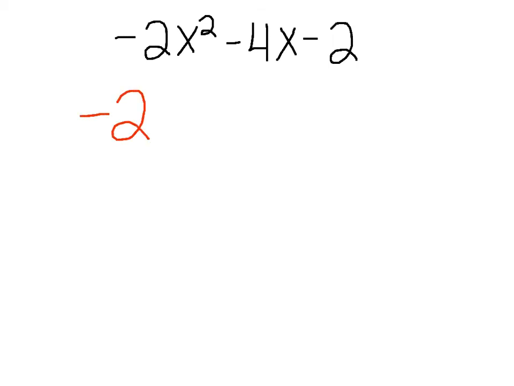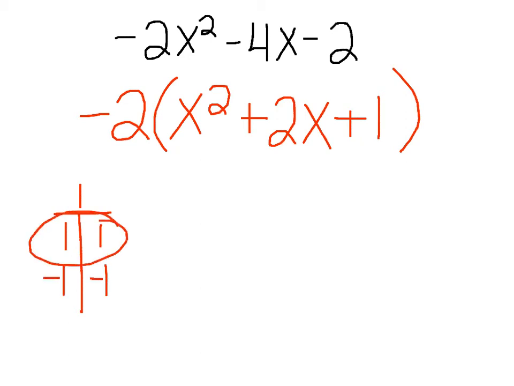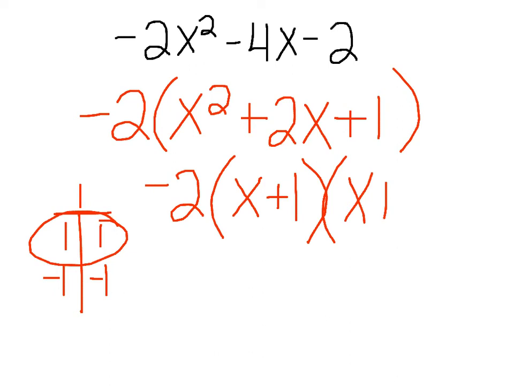So negative 2, and I'm left with x squared plus 2x, because negative 2 times positive 2 is negative 4, plus 1. Now I'm going to look for what factors of 1 add to 2. Well, I have 1 and 1, or negative 1 and negative 1. Hopefully you said 1 and 1, so I'm left with negative 2 times x plus 1 times x plus 1.